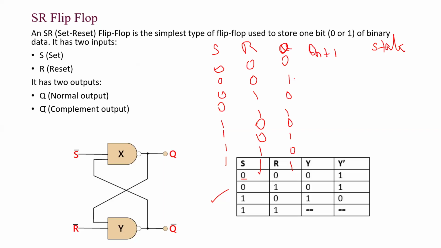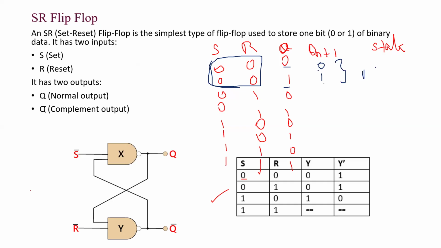Here, whenever S and R are both 0, the output stays as it was: 0 means 0, 1 means 1. What is the meaning of that?